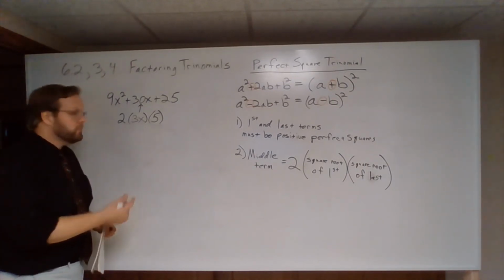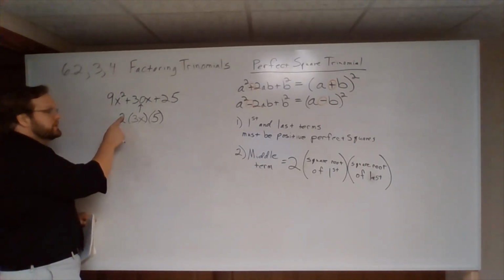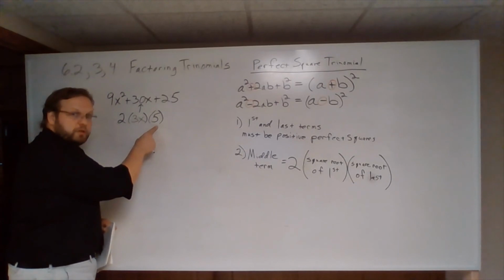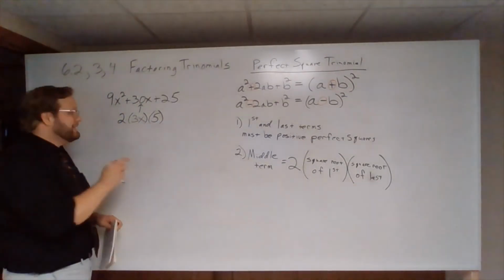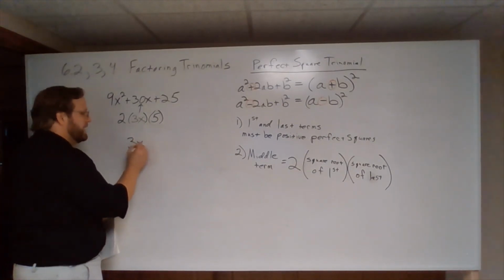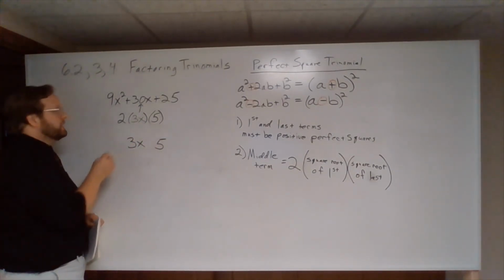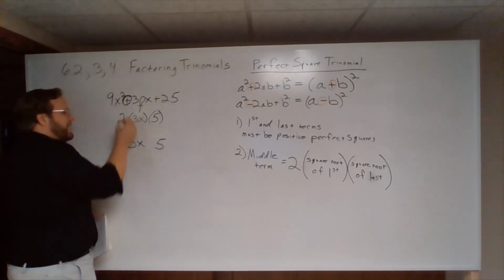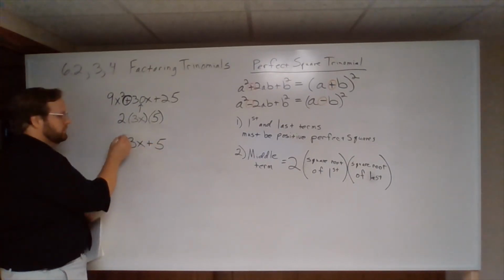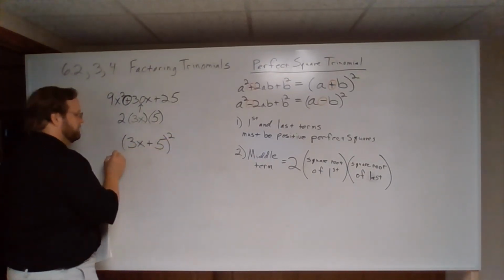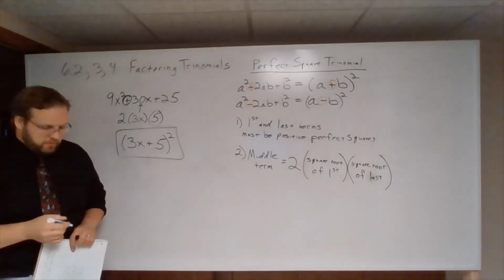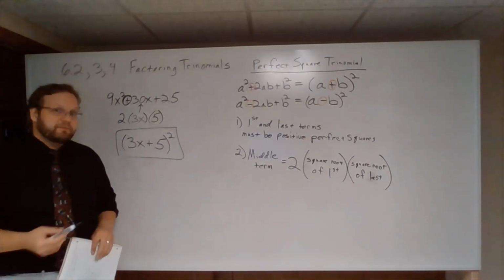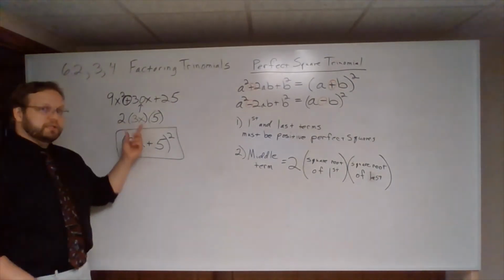The middle term equals 2 times the square root of the first times the square root of the last. If those two things are happening, I can then take these square roots down, bring this sign down, square it, and I'm done.